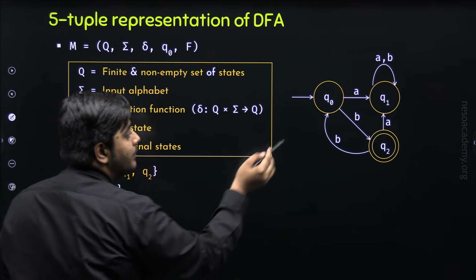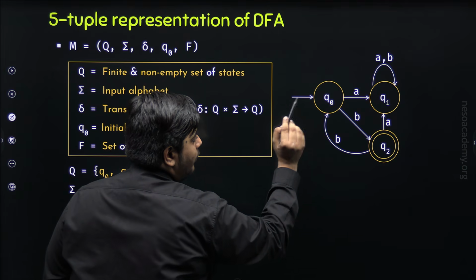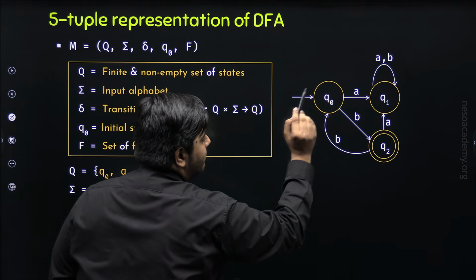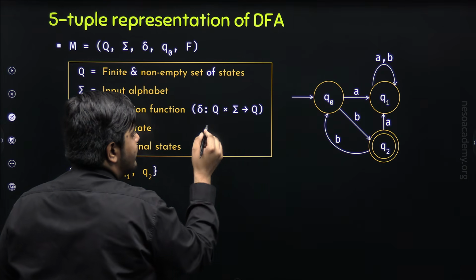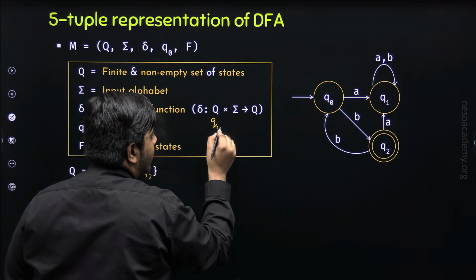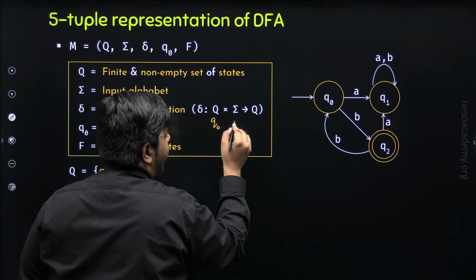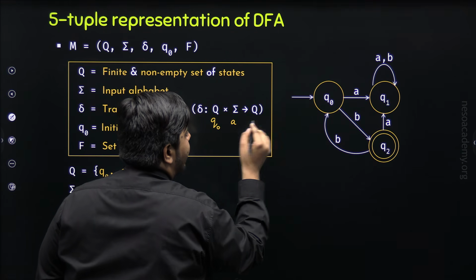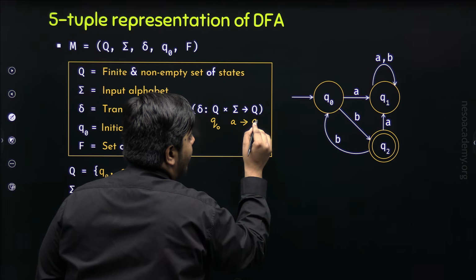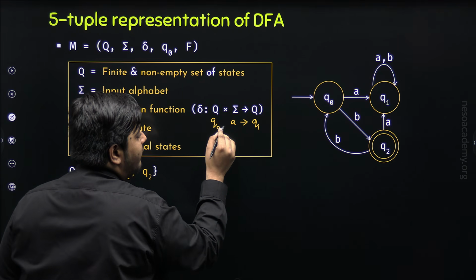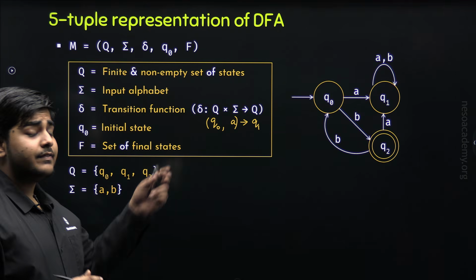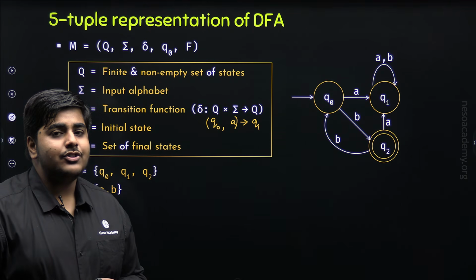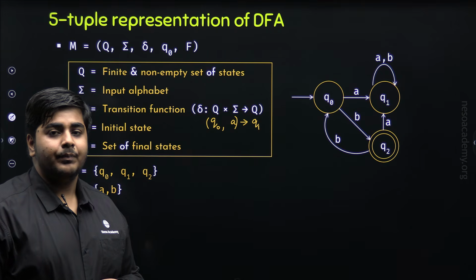For example, we have the current state Q0. On reading the input symbol A, the next state is Q1. So the current state is Q0, the input symbol is A, and the next state is Q1. This is a way of representing a transition rule, and in this way we can write all the transition rules for this diagram.